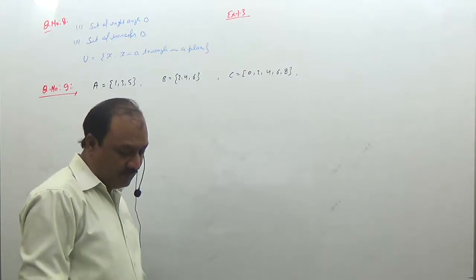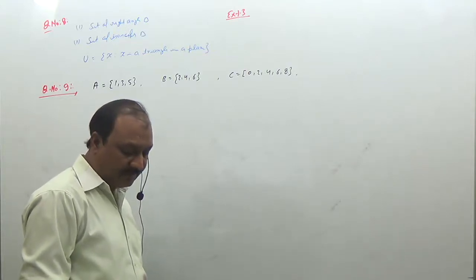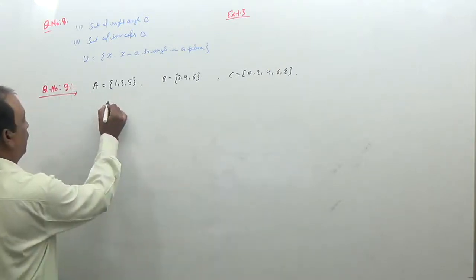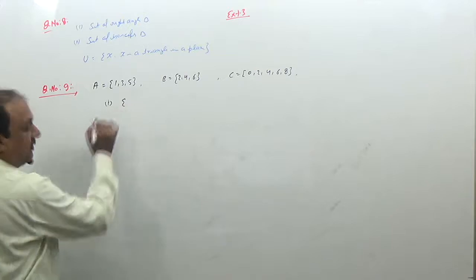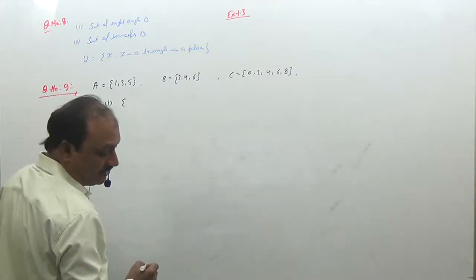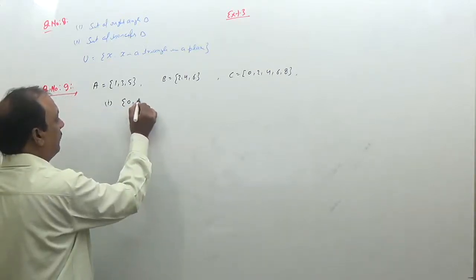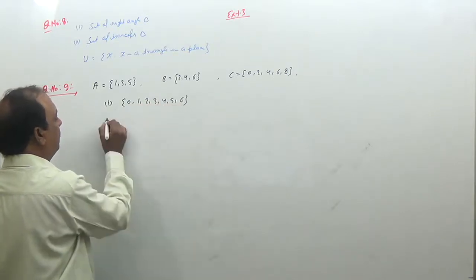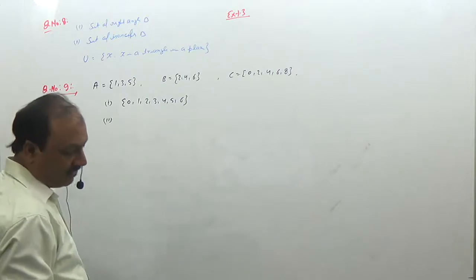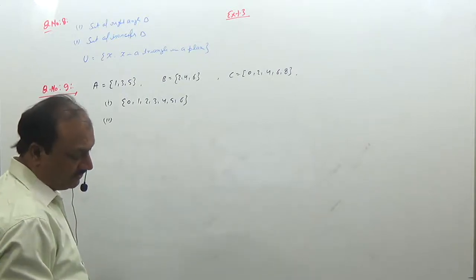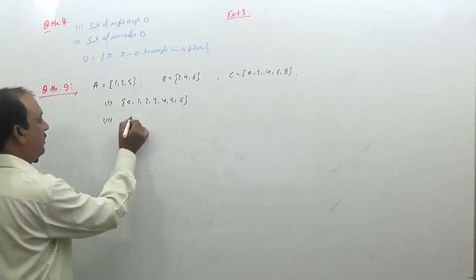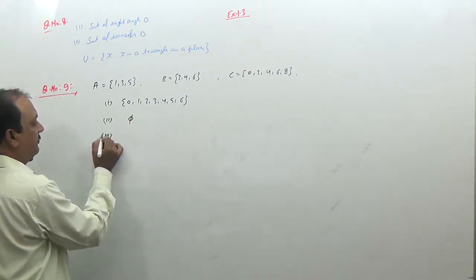The question is which of the following may be considered as the universal set for all the three sets A, B, C? The first option is a set containing the elements 0, 1, 2, 3, 4, 5 and 6. Second is the empty set.